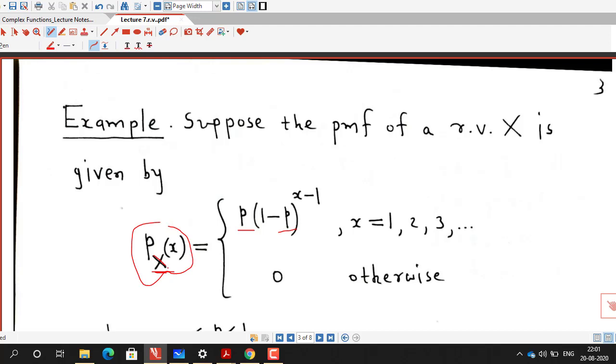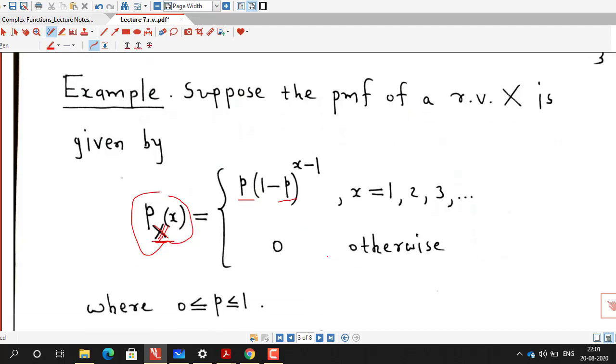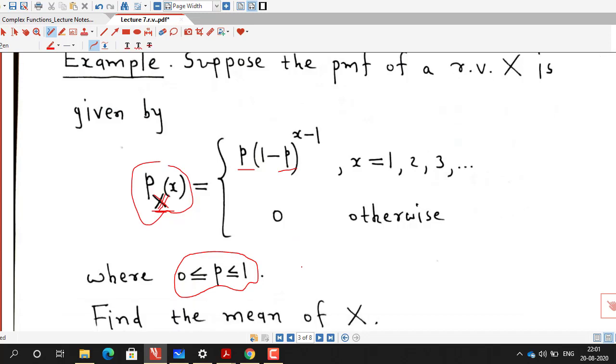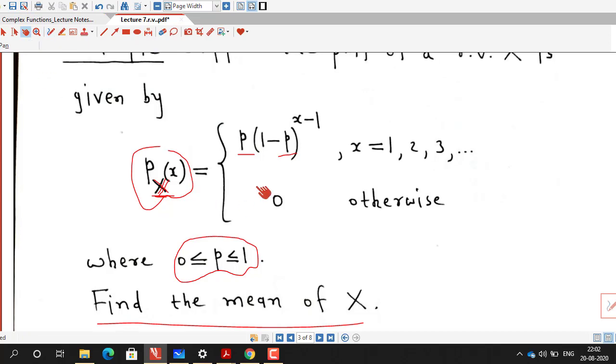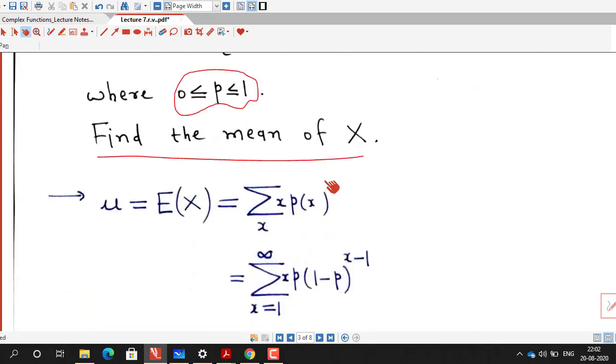This capital X corresponds to the discrete random variable capital X, and this p is nothing but a real number between 0 and 1. It is the probability. And using this PMF, we have to find out mean of random variable capital X. Okay, so again we go by definition.